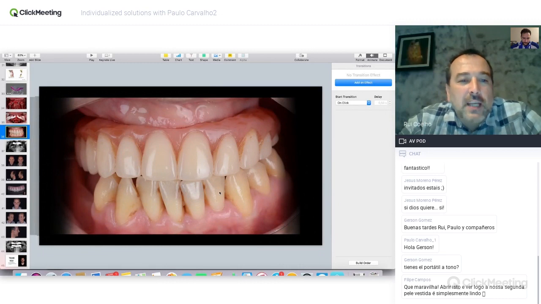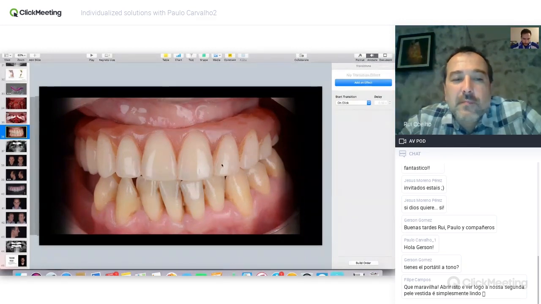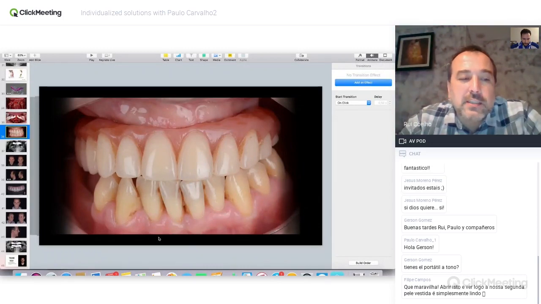I think we can almost see, in transparency in the middle, the presence of the zirconia there. The tissue is so thin, but while you have attachment from the tissue, it is really, really stable and stays like that.